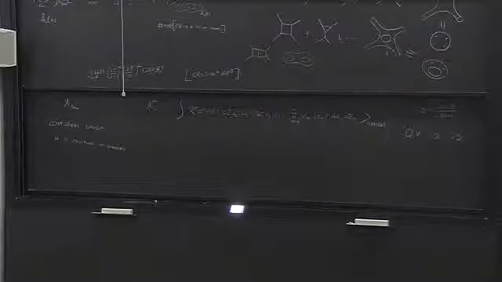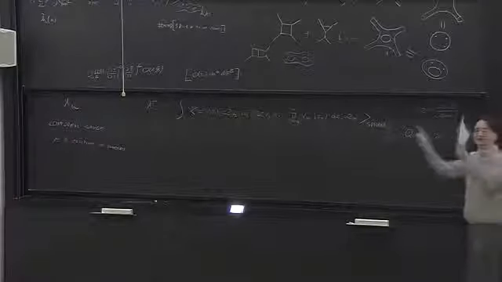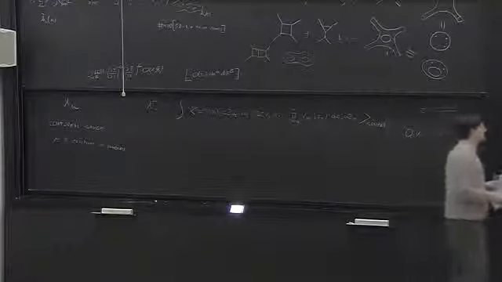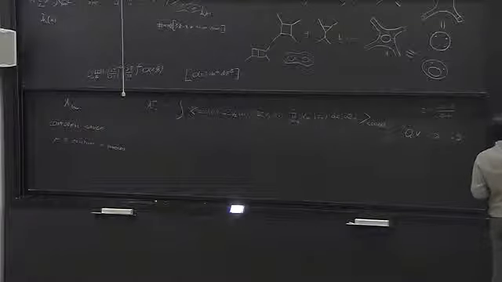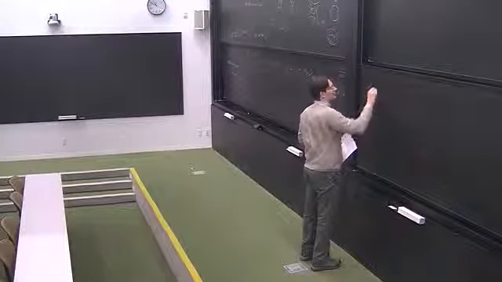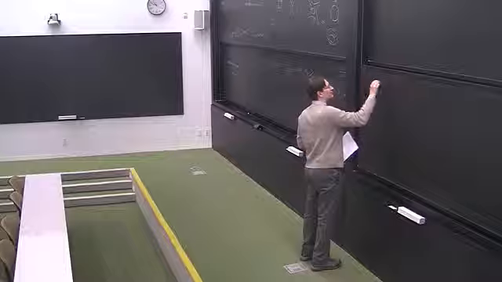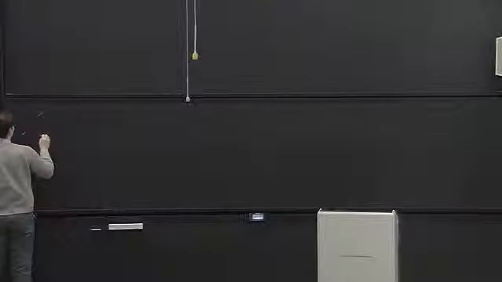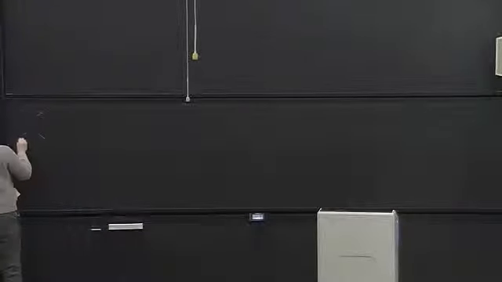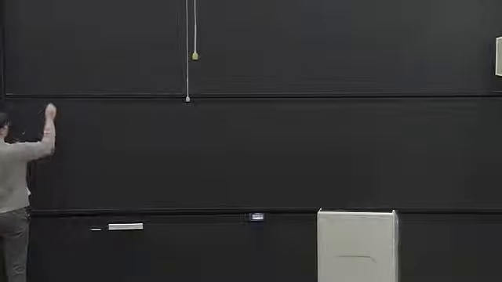OK, so we're ready. We can compute it for the scattering of 2 tachyons to 2 tachyons. I want 4 tachyons coming in, with momenta P1, P2, P3, P4.